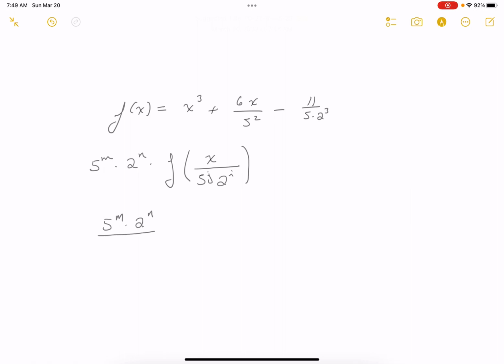And then I got to cube what's on bottom there. So it's going to be 5 to the 3j times 2 to the 3i. And the coefficient in this term, as they said, must be unity, must be 1. So what does this tell me? It tells me m must be equal to 3j, and it tells me n is equal to 3i.